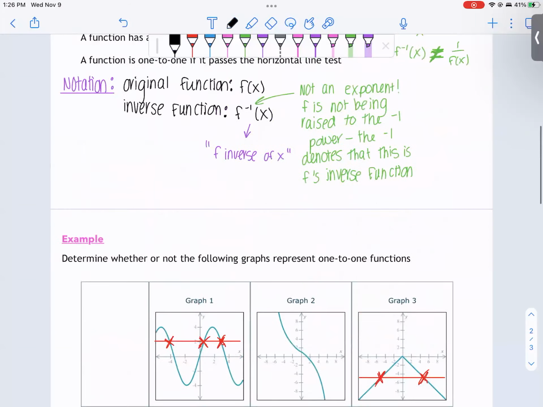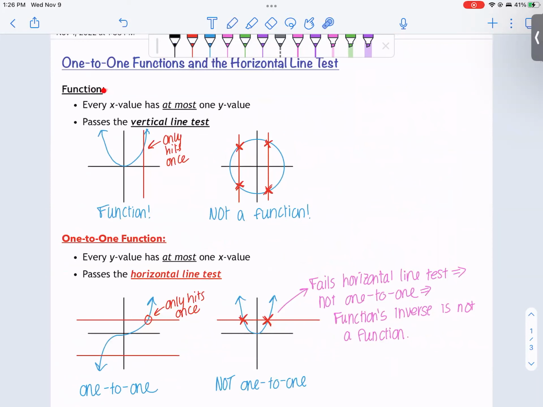So to summarize, a relation is a function if it passes the vertical line test. What that means for something to be a function, and maybe I should have said this at the beginning, is that every x value has at most one y value, which means the points 2, 5 and 2, 7 couldn't be on the same graph. It prohibits there being 2 different points with the same x value and different y values.